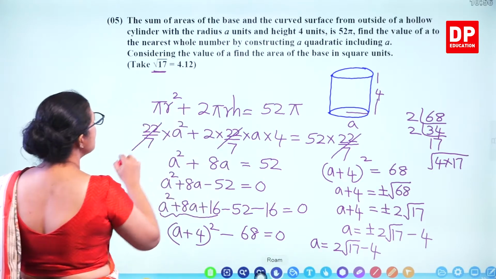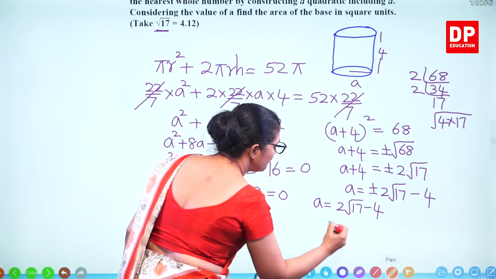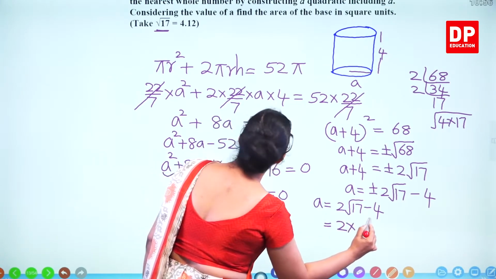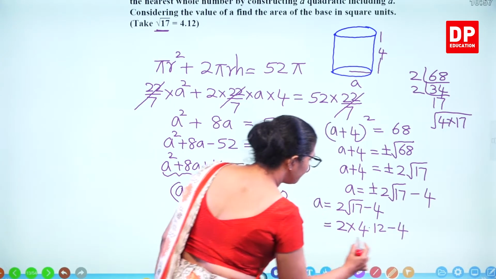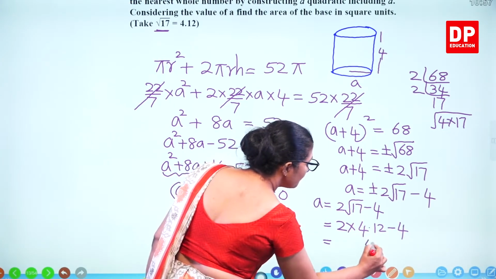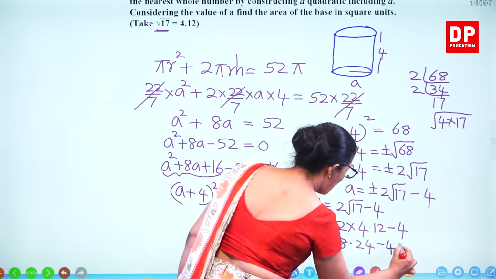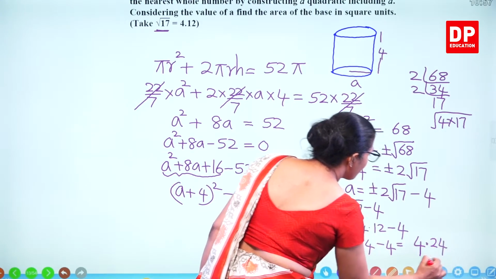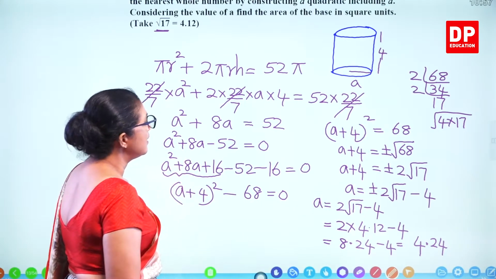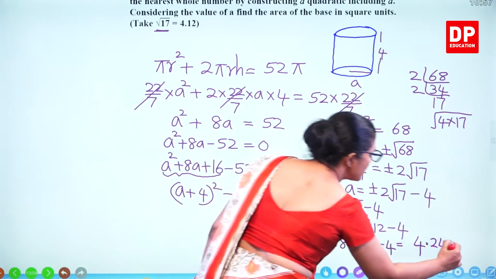Now you can substitute root 17 as 4.12. 2 times 4.12 minus 4. 2 times 4.12 is 8.24, minus 4, you get 4.24 as the A value. So A is just units.